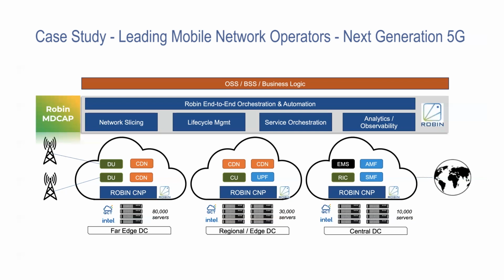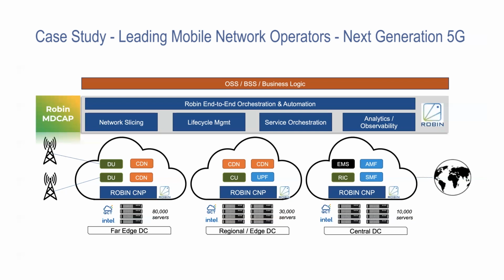Then depending on the size and location of the cluster, we can scale from a single server cluster to a 100 to 200 server cluster, depending on what the customer would like. So in this example, some of the DUs are very small clusters, the edge clusters have a minimal number of servers, and the core clusters have hundreds of servers.